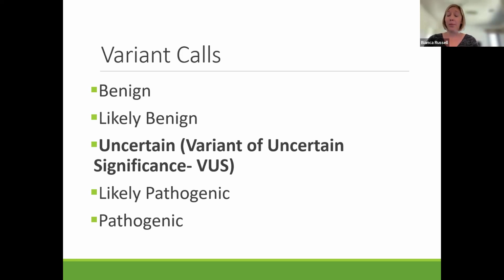The category that causes us the most angst and frustration is certainly the uncertain category. So our variants of uncertain significance oftentimes gets abbreviated as a VUS, or VUS is the other word people will use to describe it. And that really is the in-between space where we can't make a call in either direction. And then likely pathogenic and pathogenic are those that are expected to be disease-causing changes.